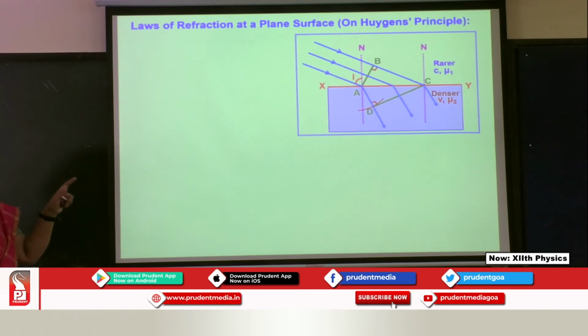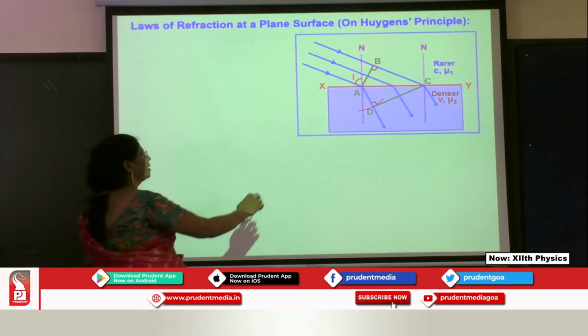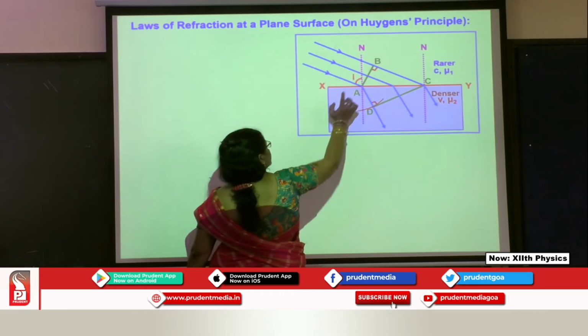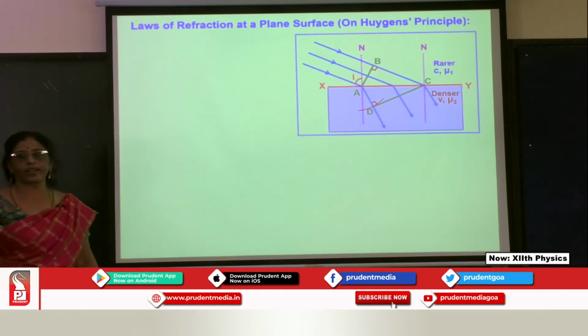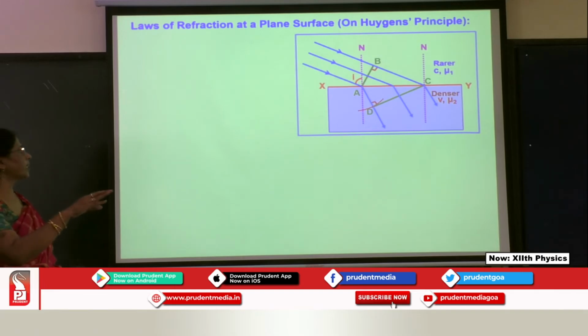I drew a normal at the point of incidence. This is the angle of incidence. I drew a normal perpendicular to the surface. So when you consider the angle between the normal and the incident, it becomes the angle of incidence.